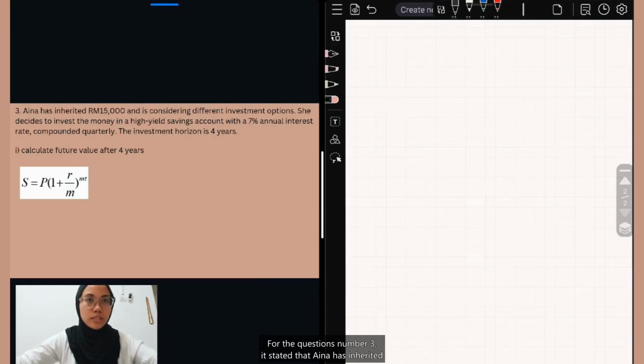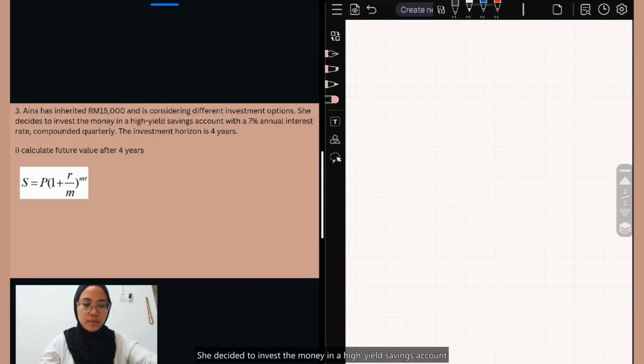Okay, for question number 3, it states that Aina has inherited RM 50,000 and is considering different investment options. She decided to invest the money in a high yield saving account with a 7% annual interest rate, which is compounded quarterly. The investment horizon is 4 years.